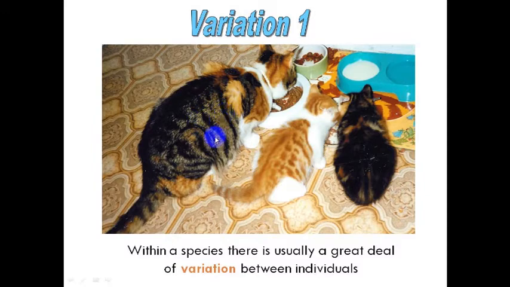The mother cat has three or four colors on her body, however the baby kitten has a different color code. So this is known as variation in the species, between the individuals. We will learn further about this. Let's move on.